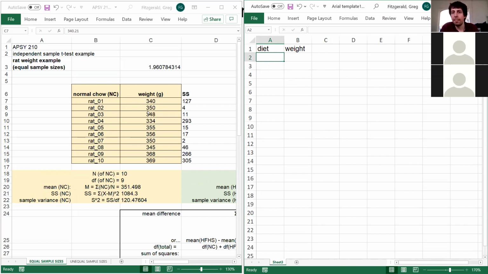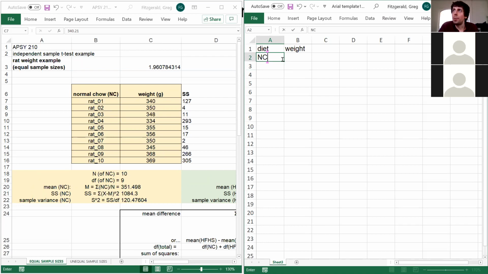In this study, we had an independent variable and a dependent variable. Our independent variable was diet. We had rats, and they got either put on a high fat, high sugar diet, or they got put on a normal chow diet. So let's call NC normal chow, and we'll call the other one HFHS.